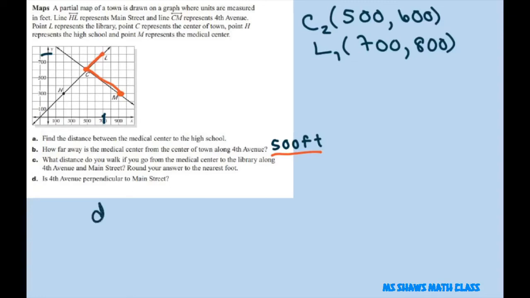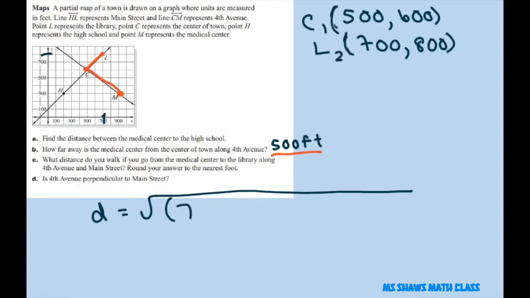Use your distance formula. So, well, let's do the opposite. So I'm going to call this point 2, point 1. Nope, go back. I just don't like dealing with negatives, so I don't have to. So this is going to be point 2, point 1.